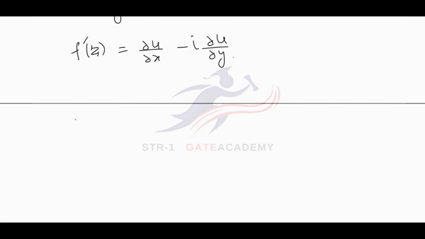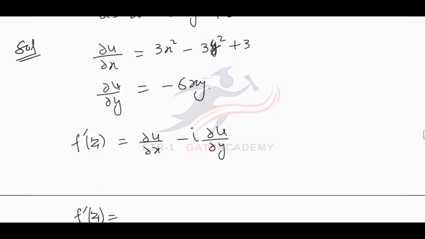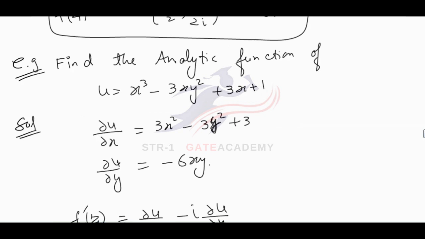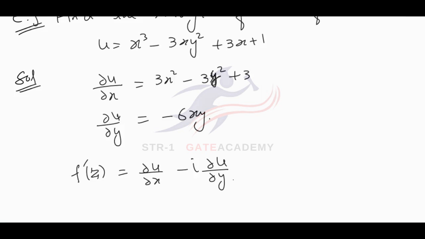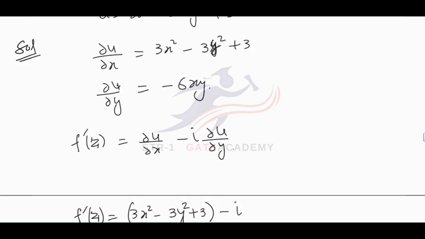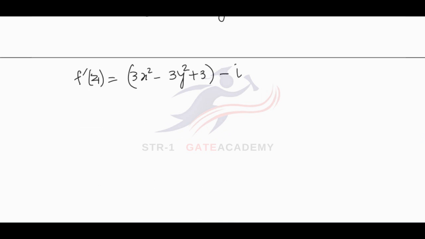So f dash z is 3x square minus 3y square plus 3, minus iota times minus 6xy.